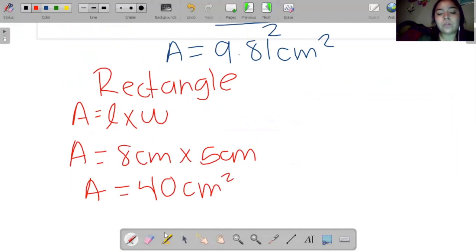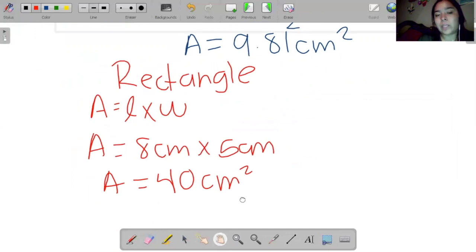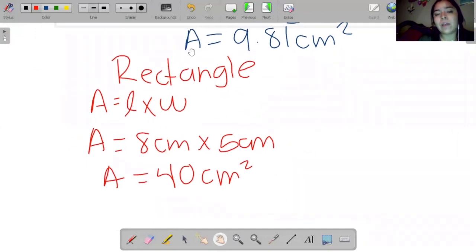To find the total area of the composite figure, we're going to add the areas of these shapes. We know that the area of half of the circle is 9.81, and the area of the rectangle is 40 centimeters squared. So let's add 40 plus 9.81 to find the total area.